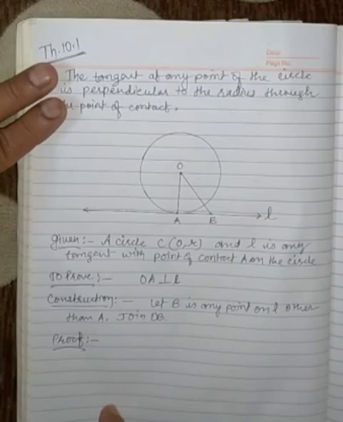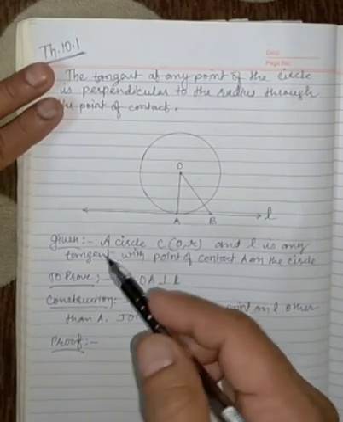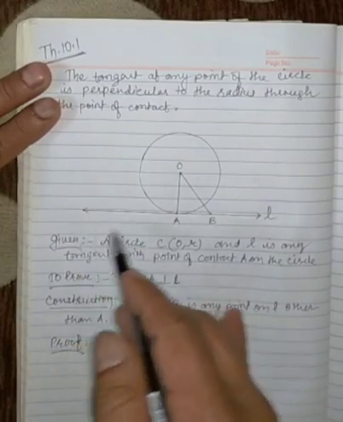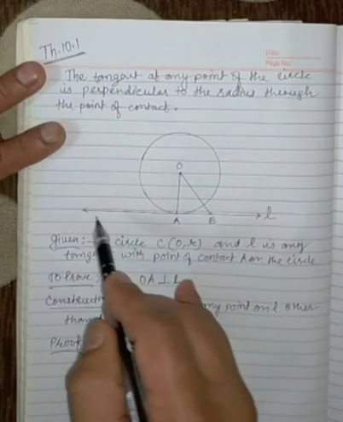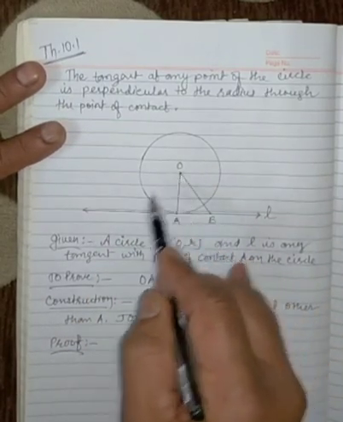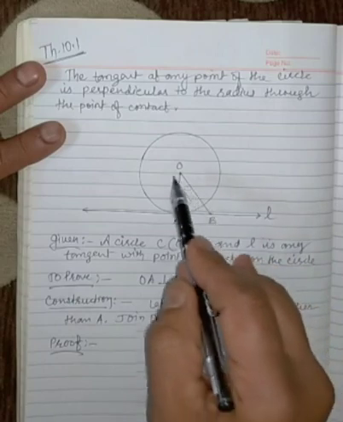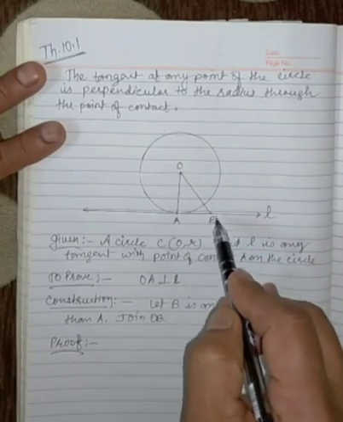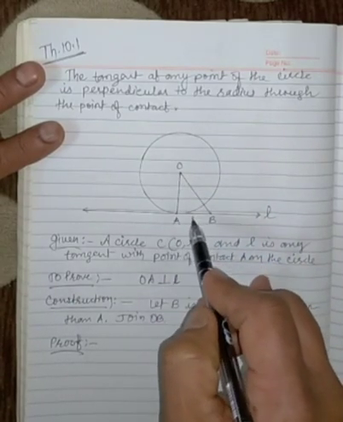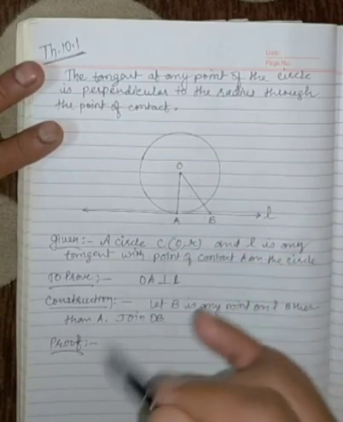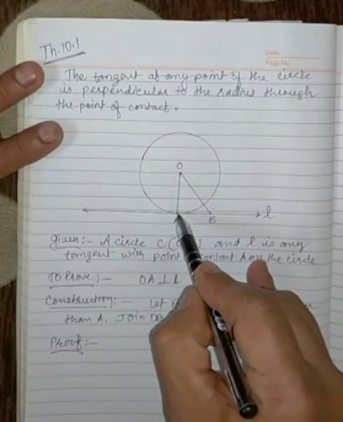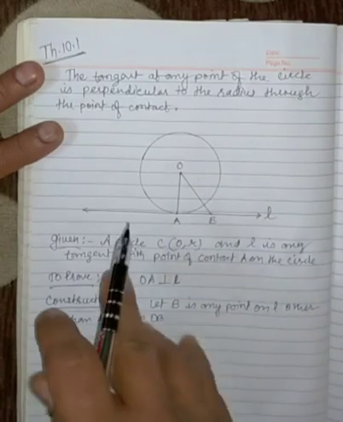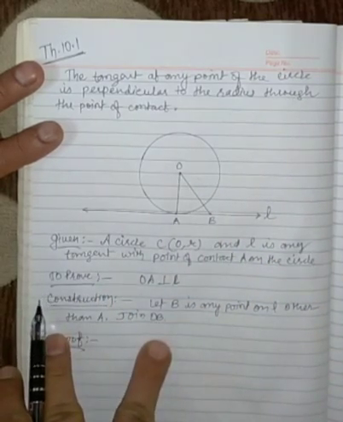Here, the line is L and point O is not lying on L. So from this point, out of all the line segments we draw on this line, the perpendicular line segment will be the shortest. So if we can prove that OA is shortest, automatically it will become perpendicular, which we have to prove.